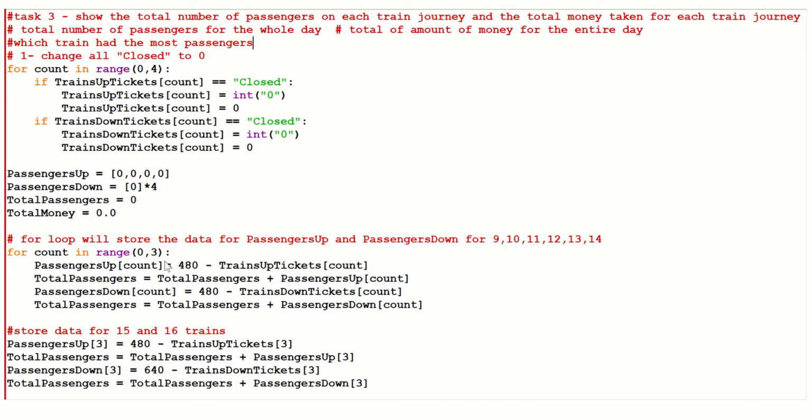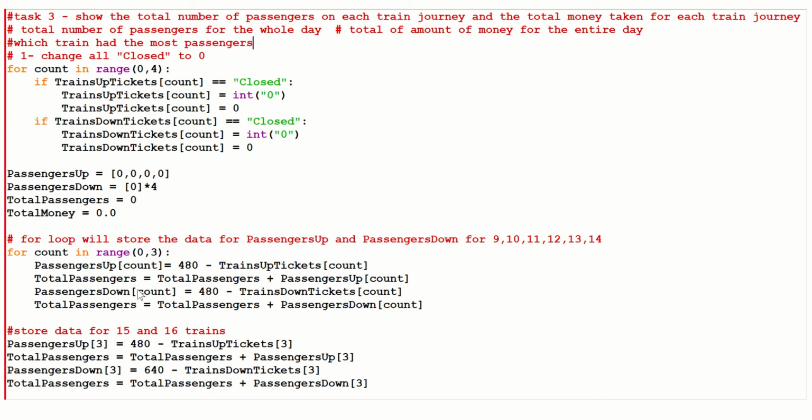This minus this would equal tickets sold, so this would be stored in position 0, and total passengers would be total passengers plus passengers up, and this is the same thing we're adding to total passengers. So total passengers plus passengers up, position 0, and total passengers plus passengers down, position 0, and then we do position 1, 2, and 3.